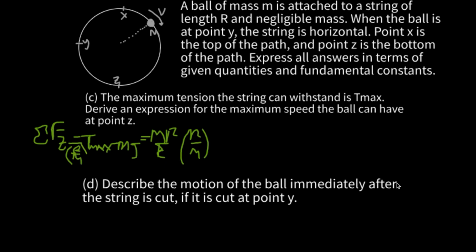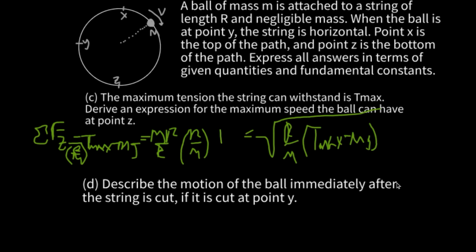Then we will have r over m times T max minus mg, and then you just take the square root of that whole expression to solve for v max. And that would be an acceptable answer for part C.